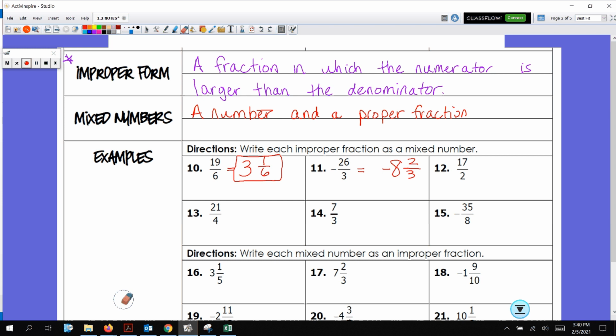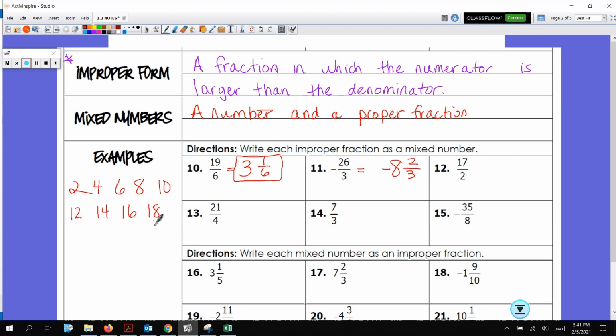Okay, so now I'm looking at 17 over 2. I'm going to list the multiples of 2. 2 times 1 is 2, 2 times 2 is 4, 2 times 3 is 6, 2 times 4 is 8, 2 times 5 is 10, 2 times 6 is 12, 2 times 7 is 14, 2 times 8 is 16, 2 times 9 is 18.